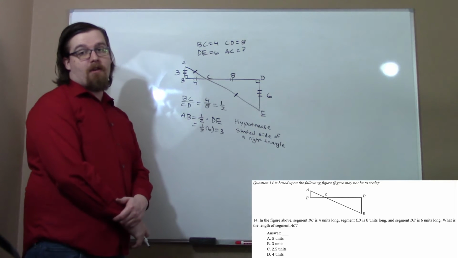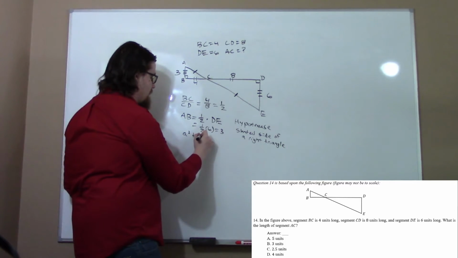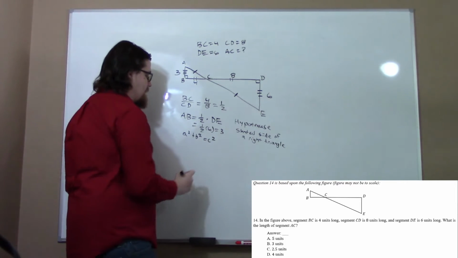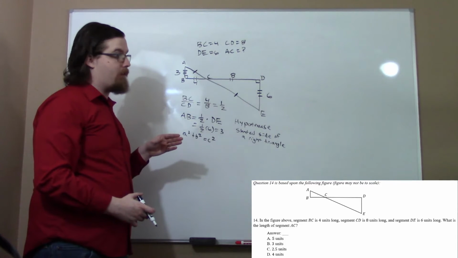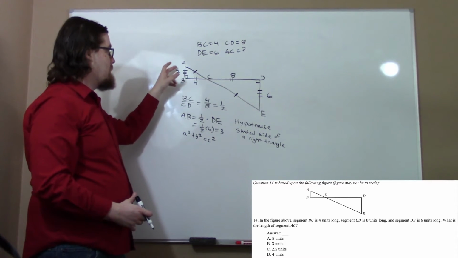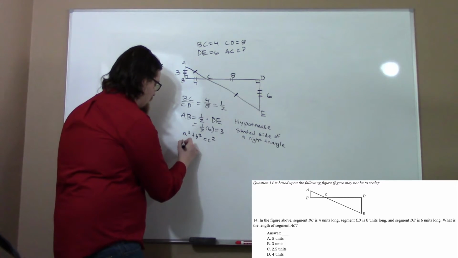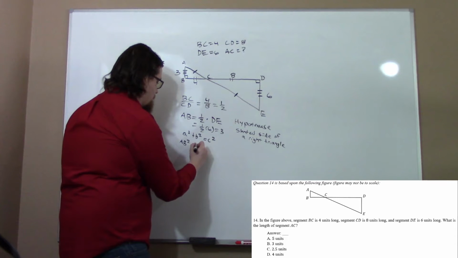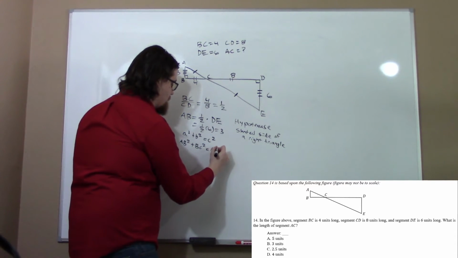The Pythagorean theorem is given as a squared plus b squared equals c squared, where a and b are simply the lengths of the sides connected to the right angle. In that case, that would be AB and BC. So we can write AB squared plus BC squared is equal to AC squared.